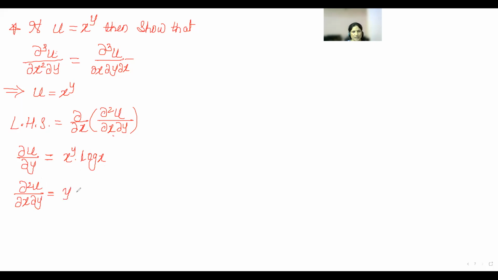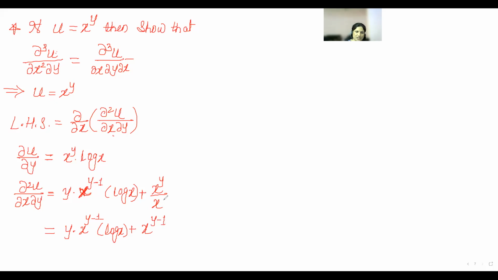So y into x raised to y minus 1 into log x plus x raised to y divided by x, or it can be written as x raised to y minus 1 into y log x plus x raised to y minus 1.